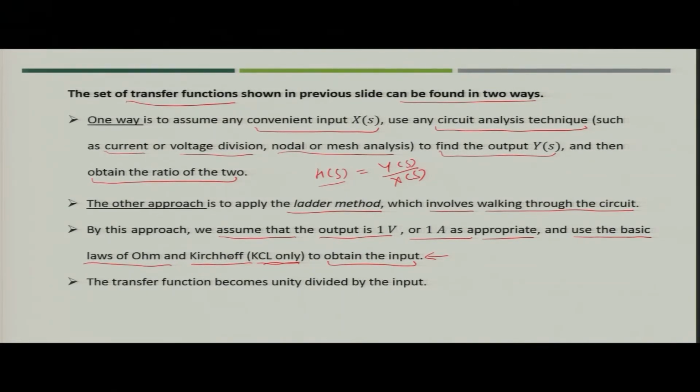So, we can find out the input, and then you can easily find the transfer function, which would be Ys upon Xs. Again here Ys would be unity. So, 1 upon Xs would be the transfer function for this particular case.